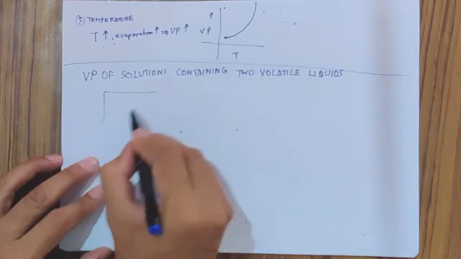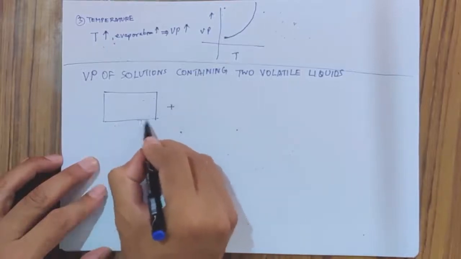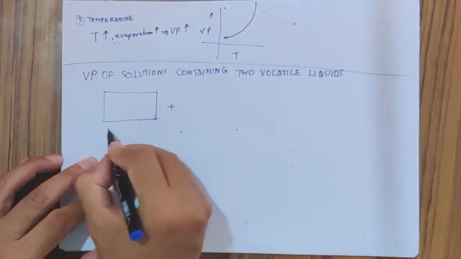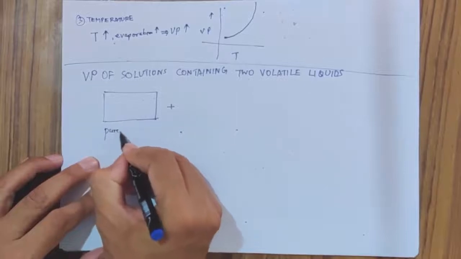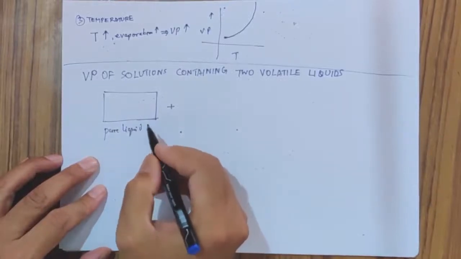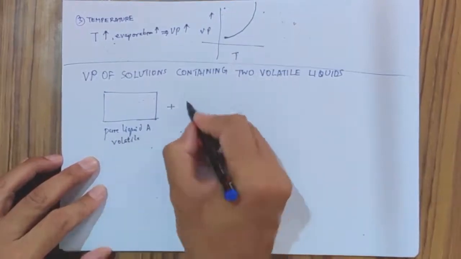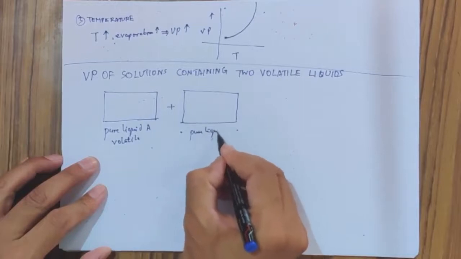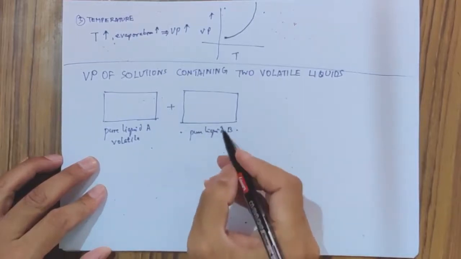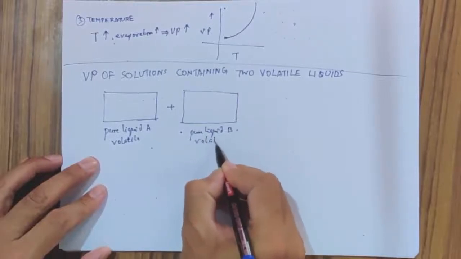Let's draw a diagram. See, in a vessel you take one pure liquid A. This is volatile. Then pure liquid B, it also is volatile.